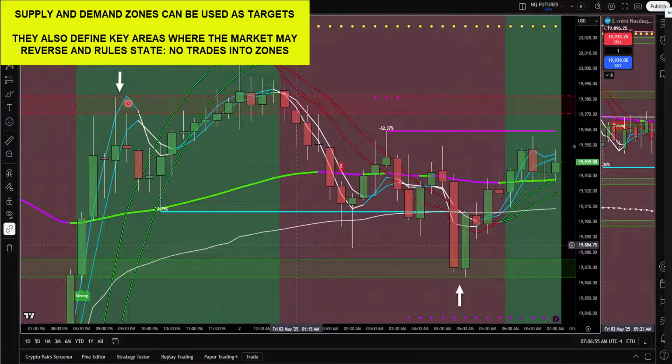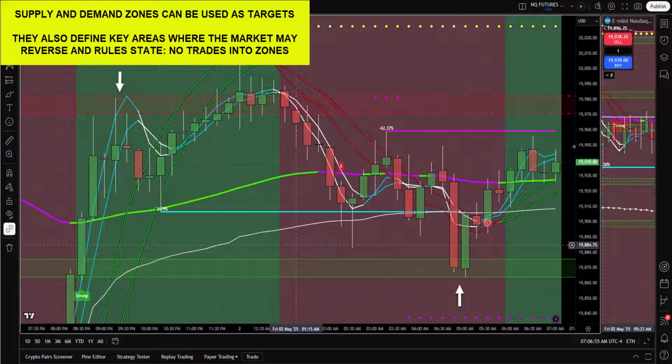And again, we don't want to use a resistance zone while our triggers are in the wrong configuration. We want to wait until the triggers are going down at resistance, and then we start to look for short trades until we get to support. And then same thing in reverse. We don't necessarily want to buy at support, even though it looks nice in retrospect. What we're looking for is for at least the small, faster triggers to get above the large triggers.